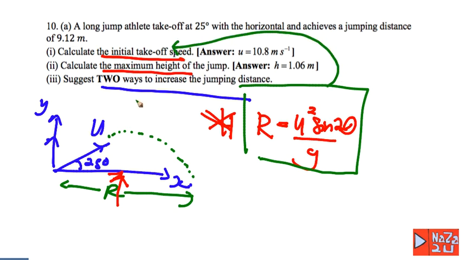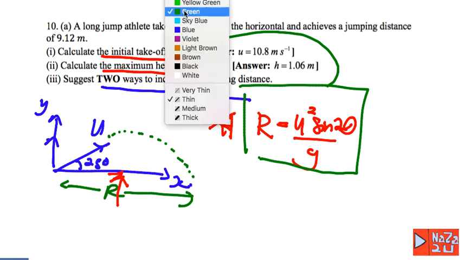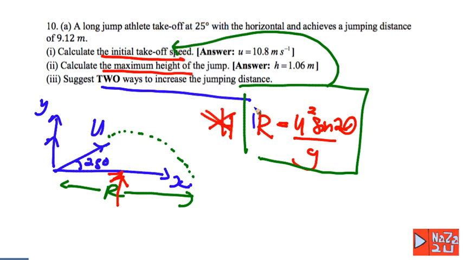You can go back to answer number 1 for this equation. This is how you can increase the value of r, the range. Because g is gravity and constant, you cannot change the value of g. We also have sine 2 theta here, so we have theta and u.